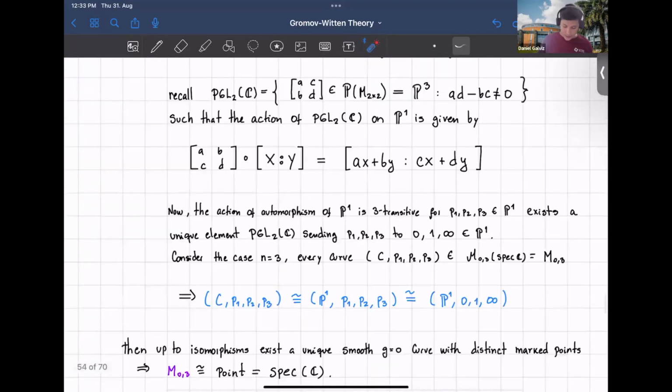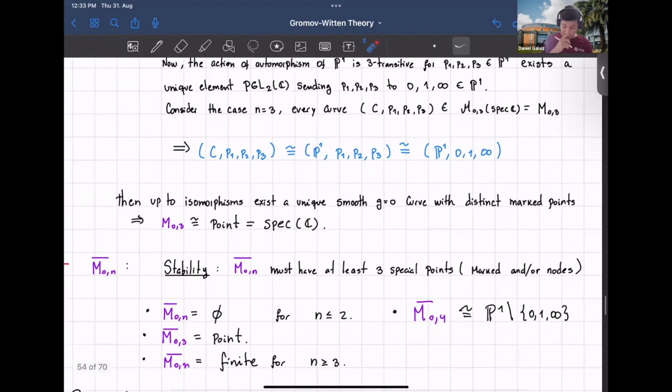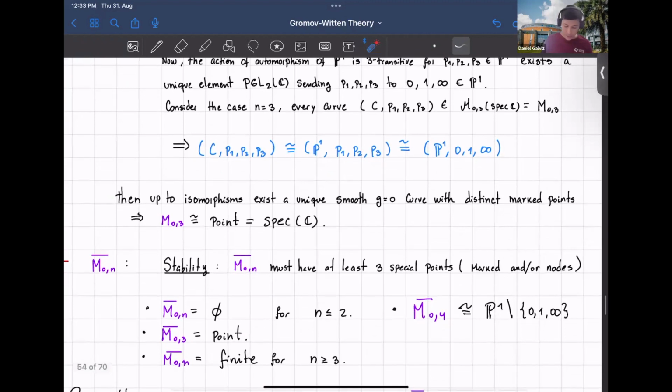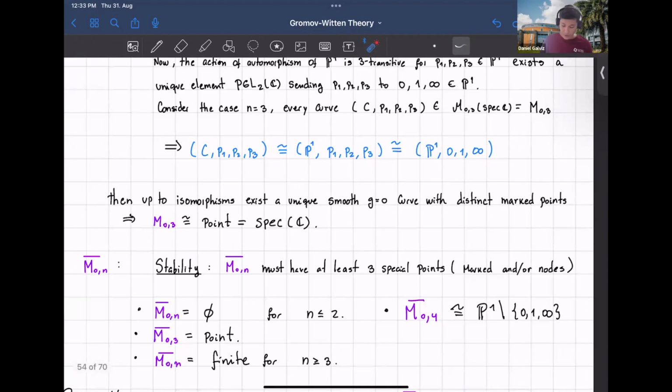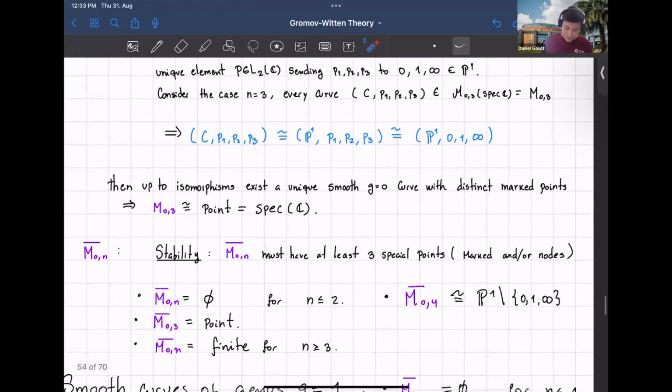There's nothing else. Now we can describe maybe some more general cases. For example, a coarse moduli space with n marked points that is compact must have at least 3 special points to be stable; it can have more, but at least 3. So if n is lower than 3, we say that this is empty.